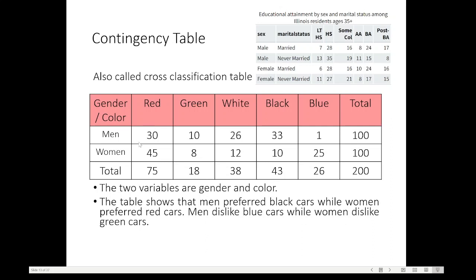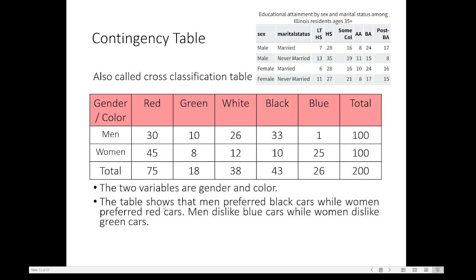This data represents the color of car preferred by men and women. So the 30 here represents men and red, so that means there are 30 men who prefer red color car.